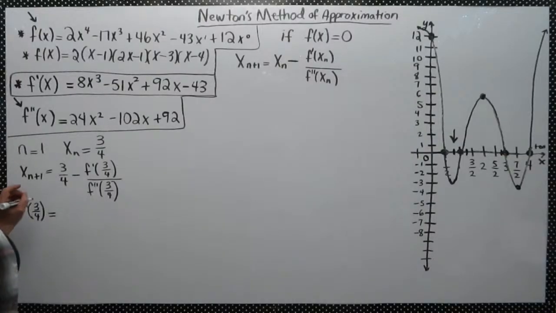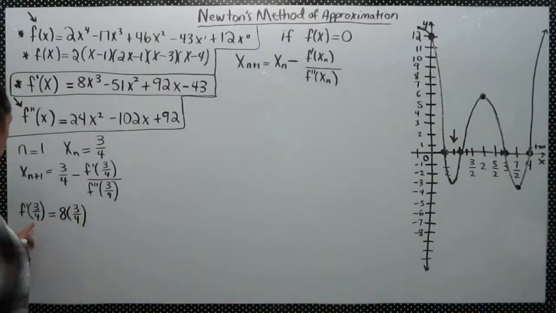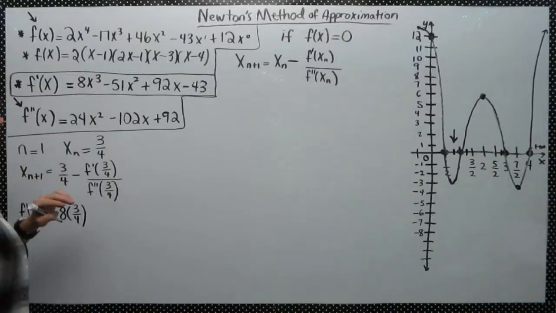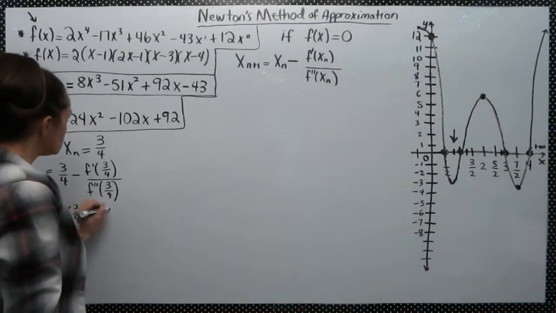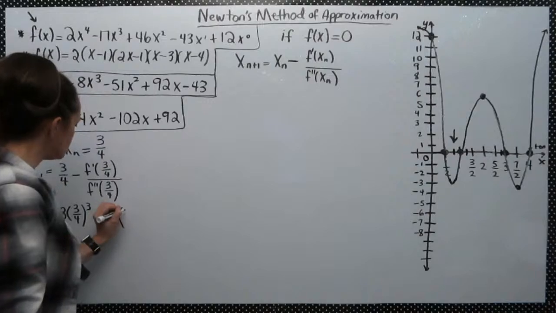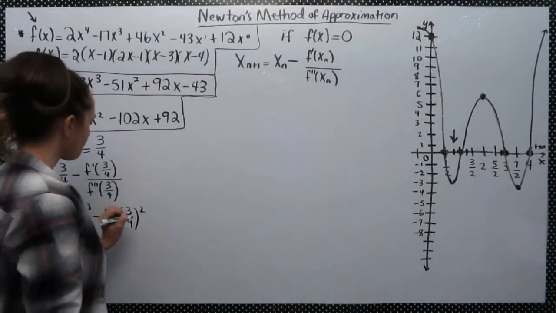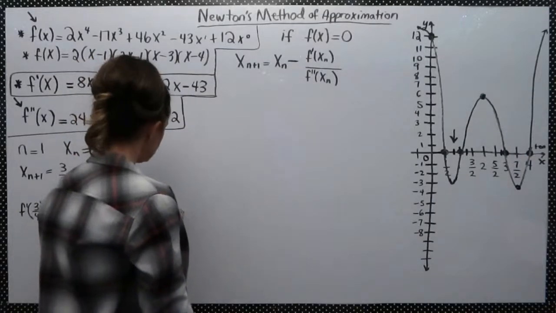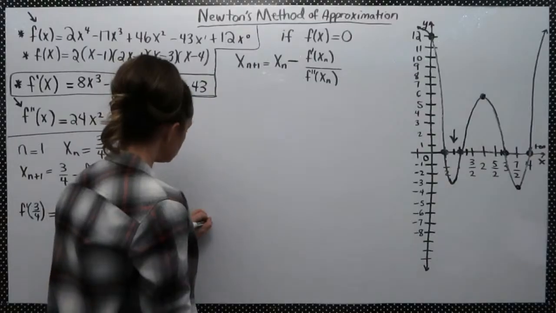And so let's see, we have 8 times 3/4. Just plugging in the quantity 3/4 into this equation, replacing x with that value. Cubed, minus 51 times 3/4, quantity squared, plus 92 times 3/4, minus 43.